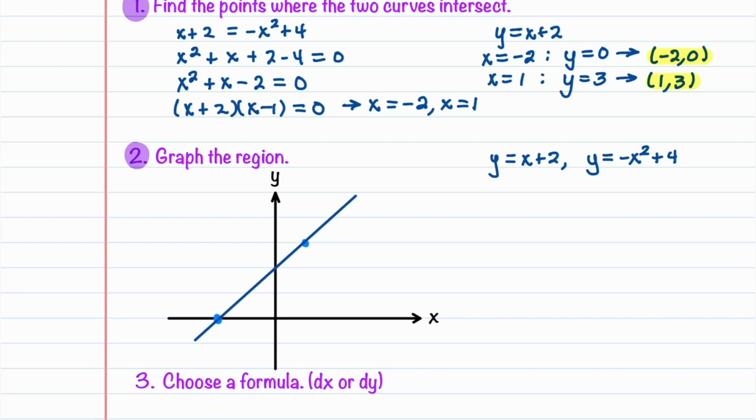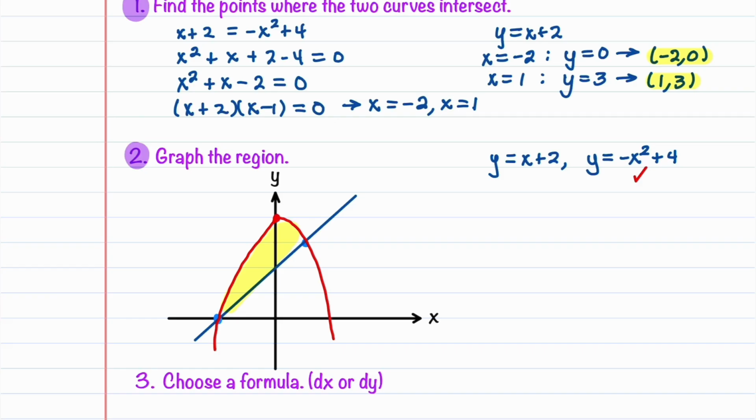And then our second curve right here is a parabola that opens downward, and the vertex is 0, 4. Our vertex is right here, and we know that it's going to go through our two intersection points, so we can just graph it like this. There we go. The area that we're going to find is this area in here.